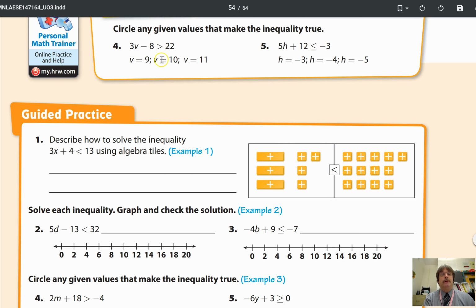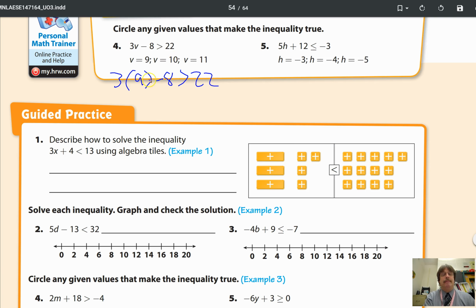So here in the your turn, you have a couple examples to go ahead and try. You're substituting the number in place of the letter. So this one would become 3 times 9 minus 8 is greater than 22.